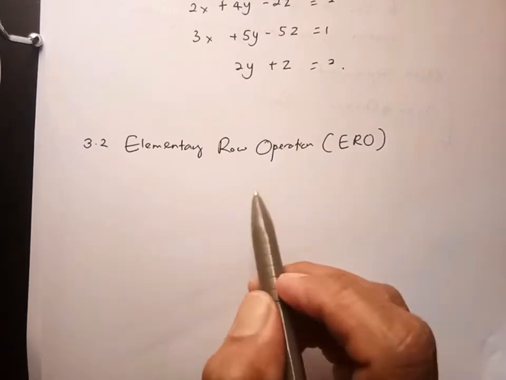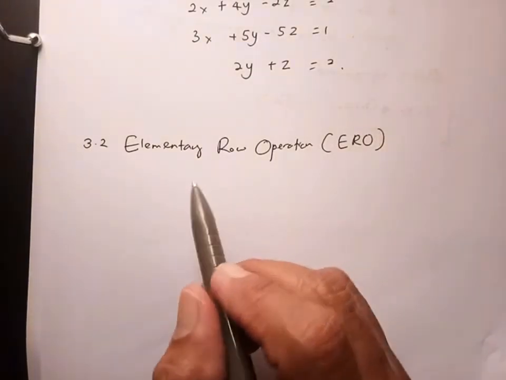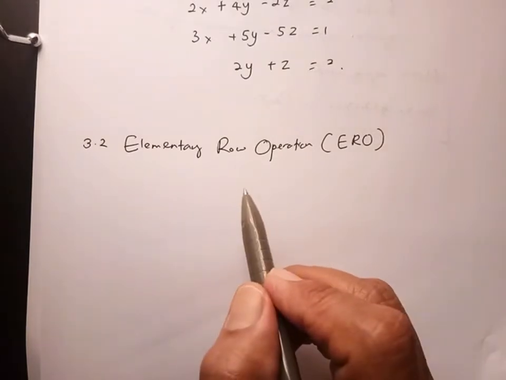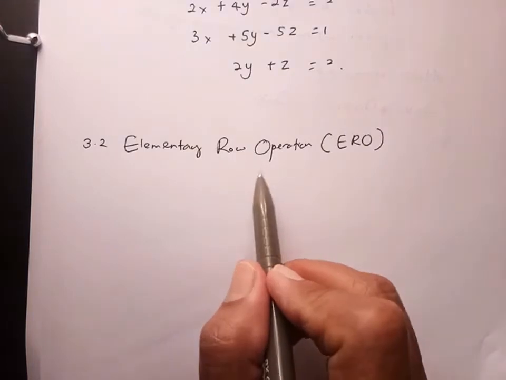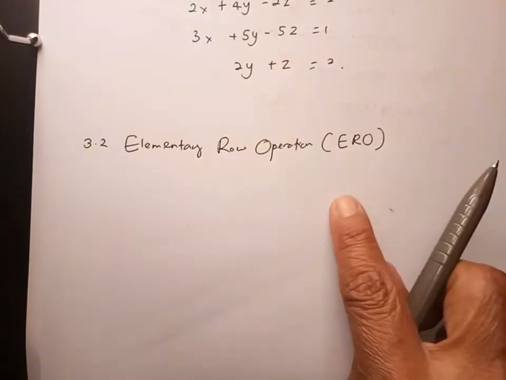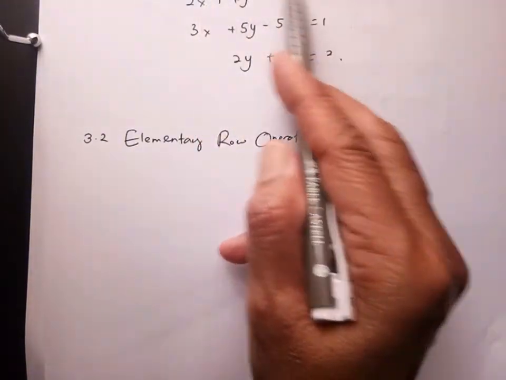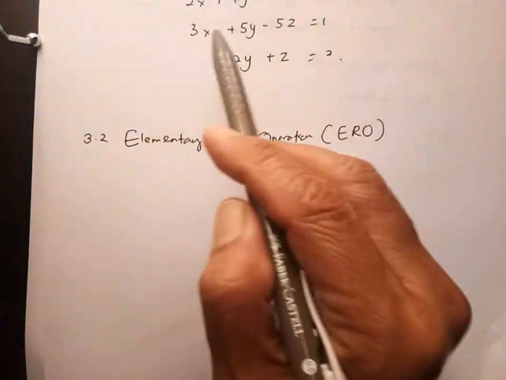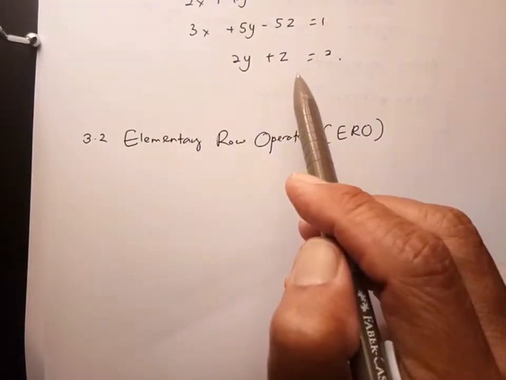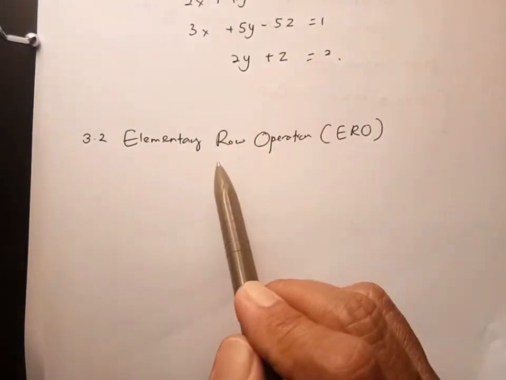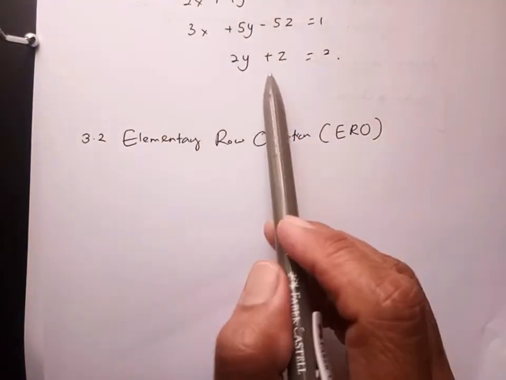ERO is an operation where we transform the given matrix into the simplest matrix using elementary row operations, so that we are able to solve the unknowns x, y, z in a much easier way. So this is why we use elementary row operation for the coefficient matrix.